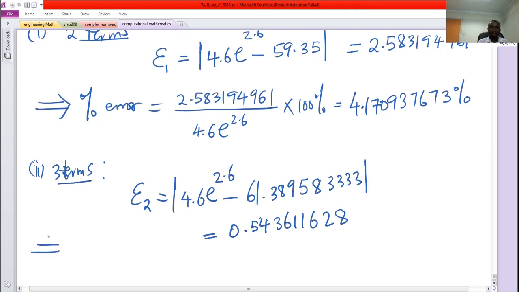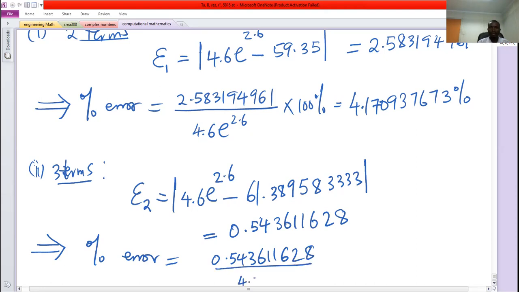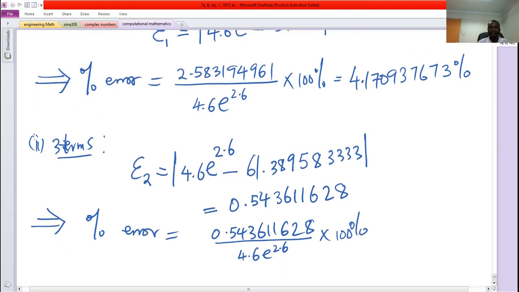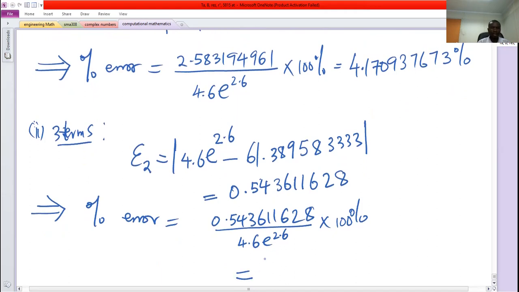So which means percentage error will be 0.543611628 divided by 4.6 e raised power 2.6 times 100%, which when you simplify, you get 0.8777387124%. You see also the percentage error has reduced.